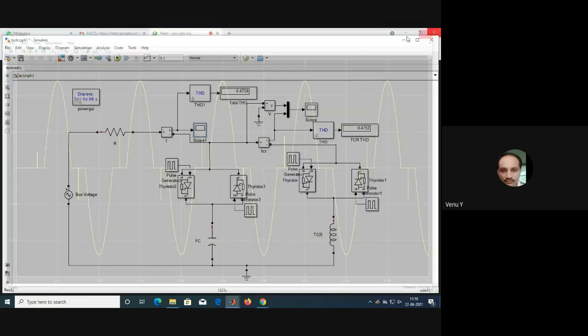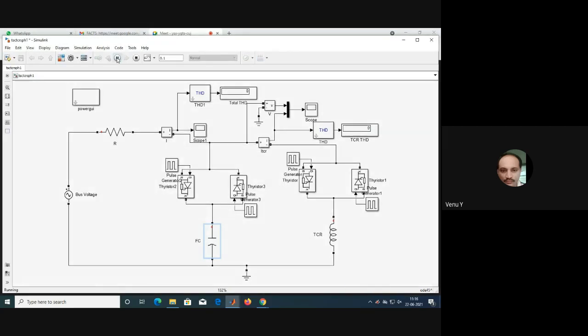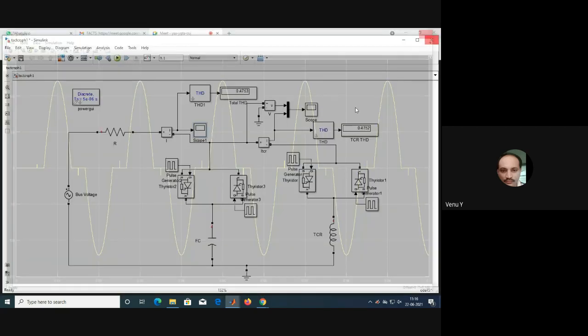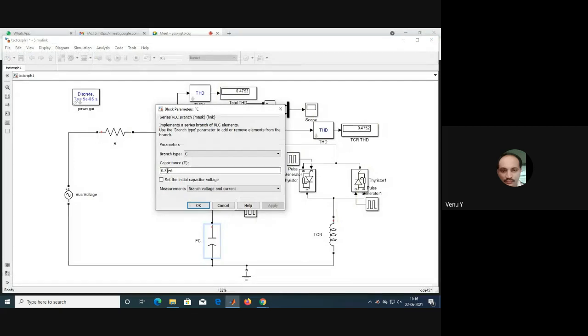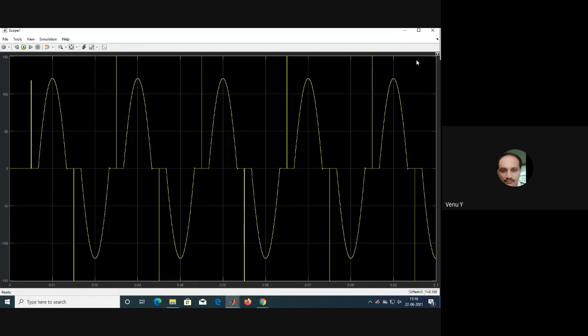This is the waveform. This is the current waveform.